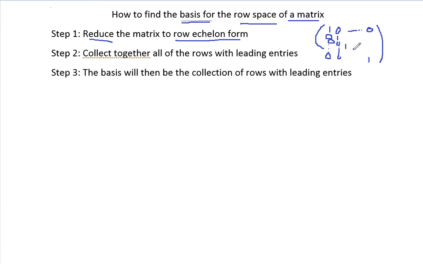So 1, 1, 1. Once you get in this form, you will collect the rows with at least the leading entries. So after we do this, we get all the rows with the leading entries. The basis will be the collection of the rows with leading entries.